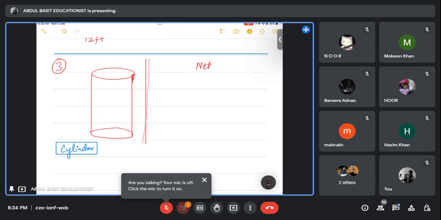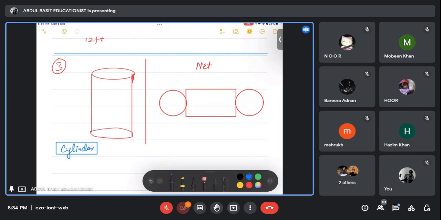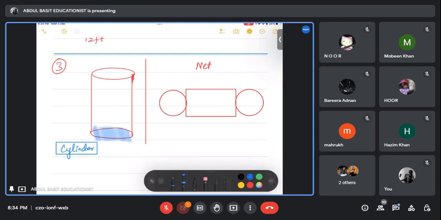Net. So the net of the cylinder has a rectangle and there is a circle on both ends. So we can see that there are circles on both ends. For example, Noor, the lower portion of the cylinder, you can see that it's a circle. Agree?